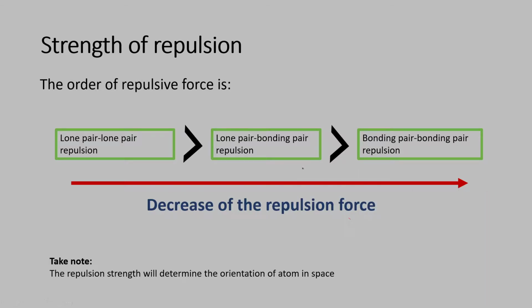Okay. So what it say is, kalau carbon dia ada 2 lone pairs versus carbon dia ada 1 lone pair and then a bond versus carbon dia ada 2 bonds.